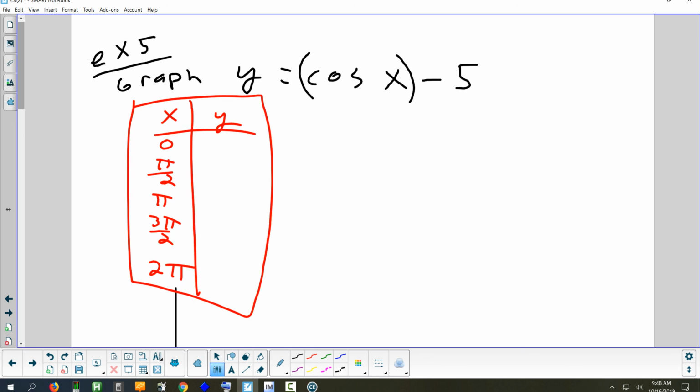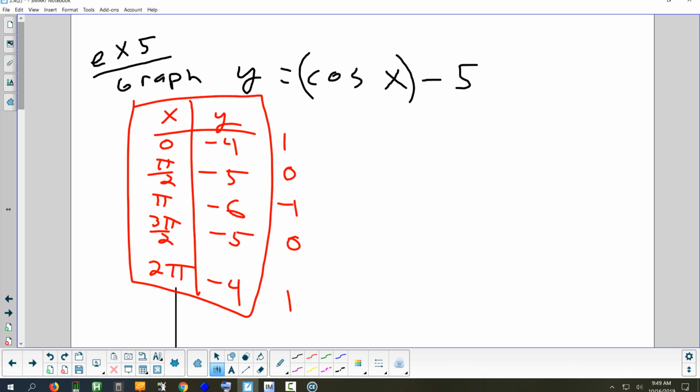It's 1, 0, negative 1, 0, 1. Okay. And now we're going to take all of those and Alex, what am I going to do to them? You're going to subtract 5. Nice. We're going to subtract 5 from all of them. So we're going to get negative 4, negative 5, negative 6, negative 5, negative 4.